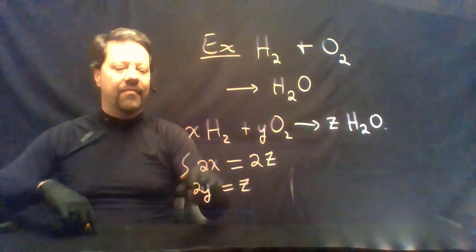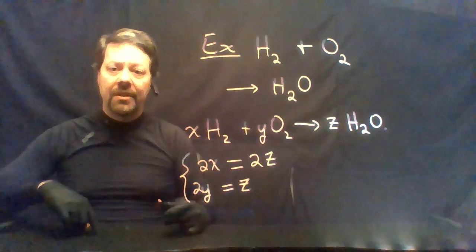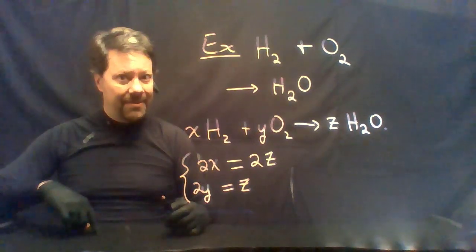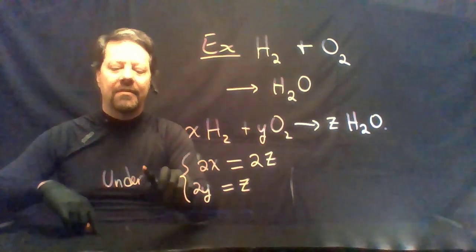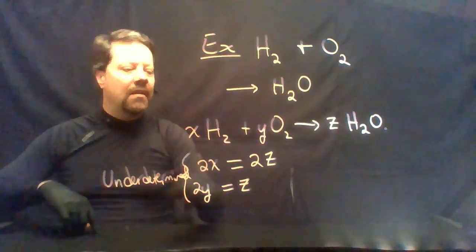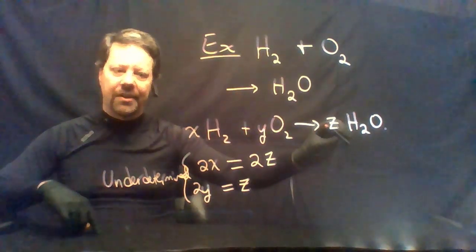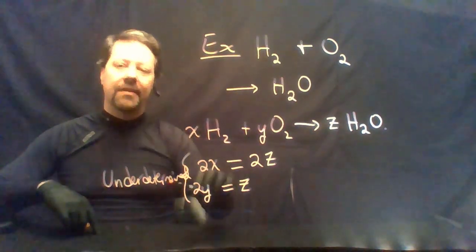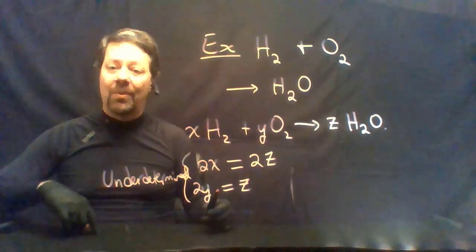As you can see, we here have two equations in three unknowns. This is underdetermined. When you think about it, chemical balancing equations must always be underdetermined because it should also balance if you multiply through by any whole number.